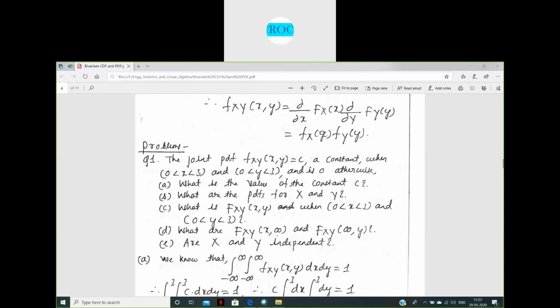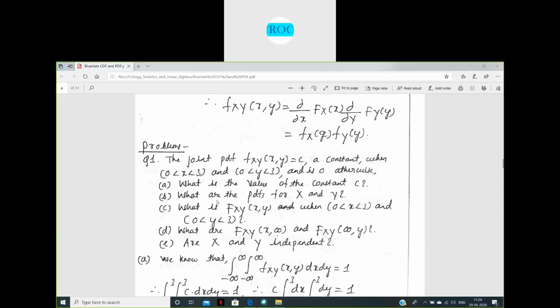Now we'll see problems related to the bivariate CDF and PDF. Problem number 1. The joint PDF f_XY(x,y) is equal to c, a constant, when x is less than 3 and y is less than 3, and is 0 otherwise. Find: A, what is the value of the constant c.